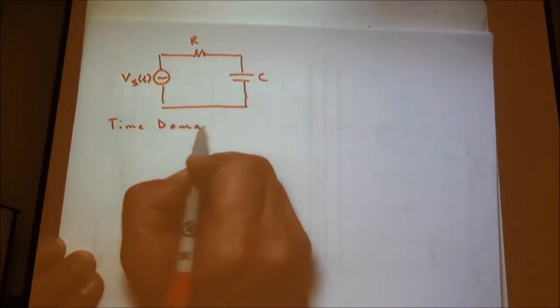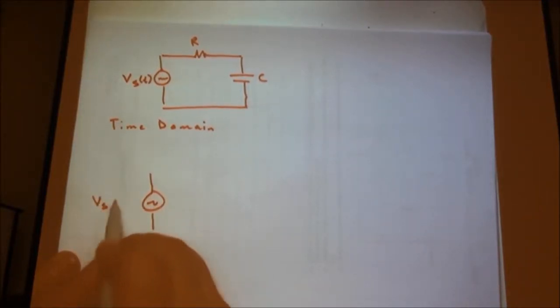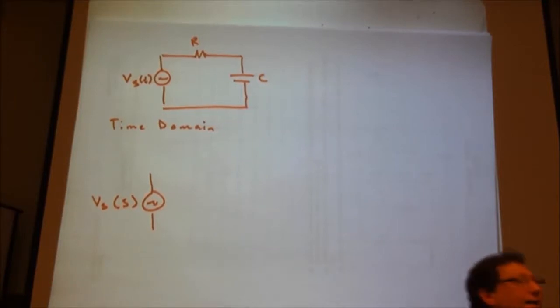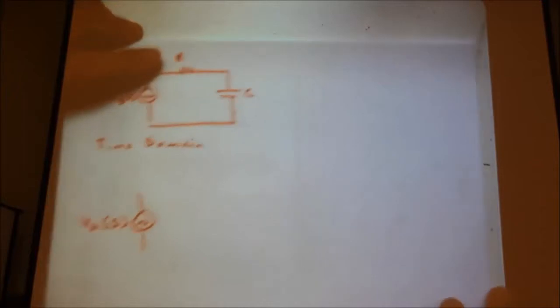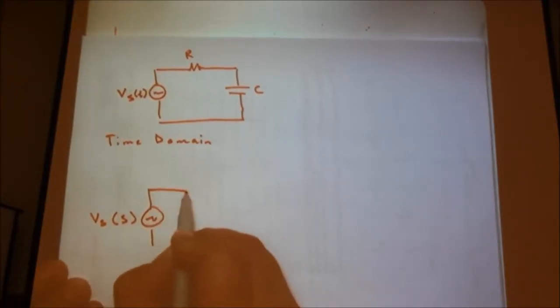And what's our Laplace equivalent? Well, it's the Laplace transform of the source, whatever that may be. It's going to be some function. For a step function source, it's a constant over S, and that's largely what we'll look at when we look at problems by hand, because as we mentioned, those are easier to solve.